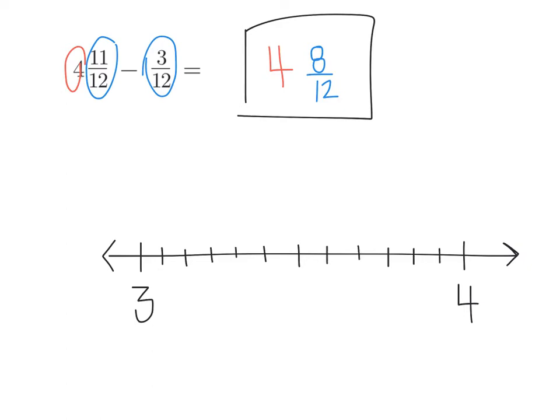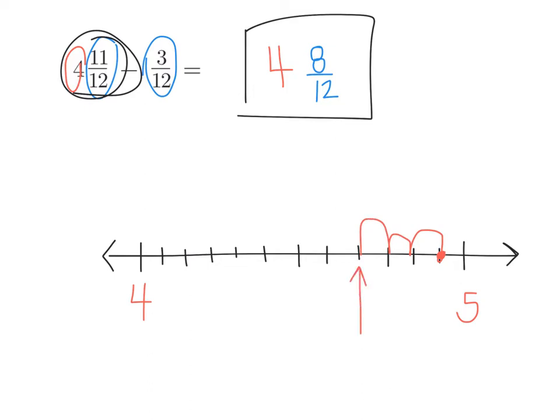Okay, I'm starting at 4 11/12. Hold on. Instead of 3 and 4, I'm going to have it be 4 and 5. Right? Because I'm starting at 4 11/12, which is right here. And if I take away 3 of them, 1, 2, 3, I end up right here.